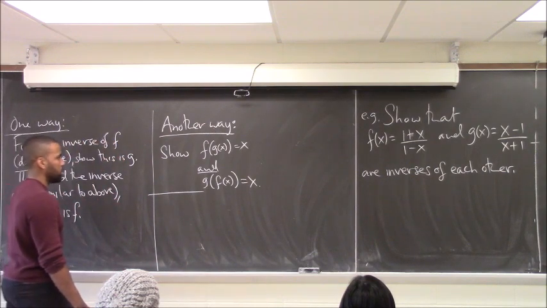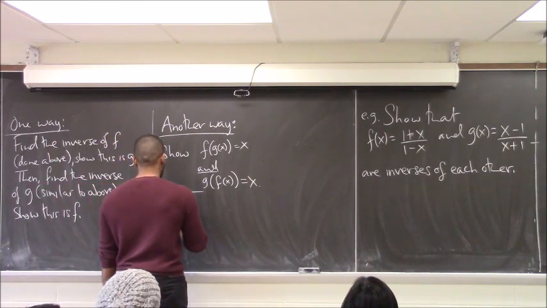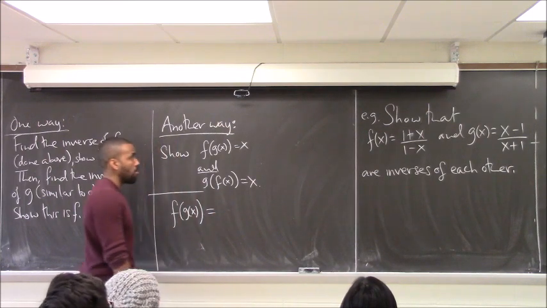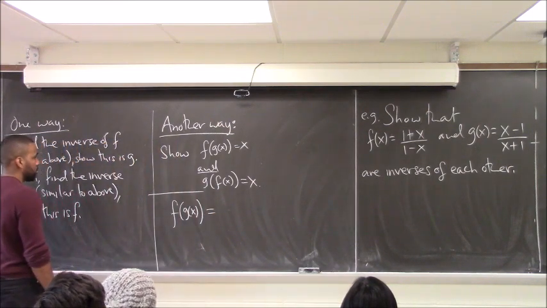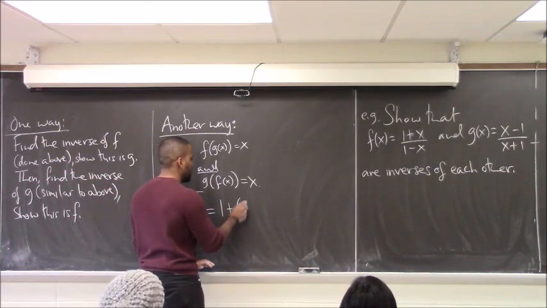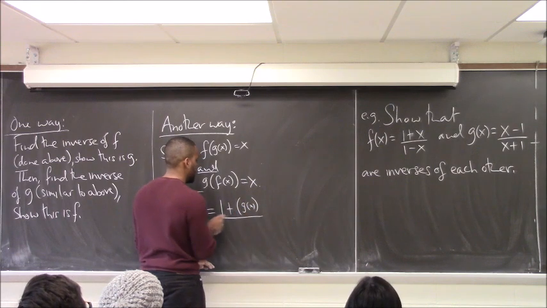Since we haven't done an example like that, let's actually do that one. So f of g of x, what does that look like? What does that mean here? Whenever there's an x, I'm going to instead put g of x.